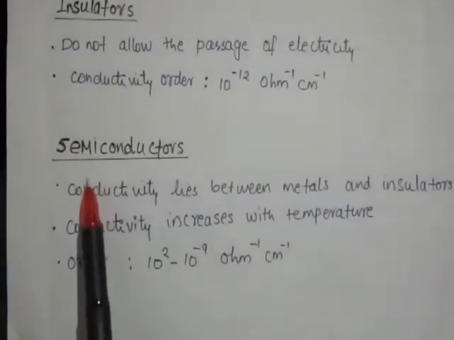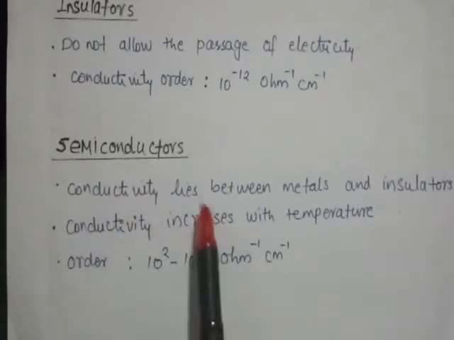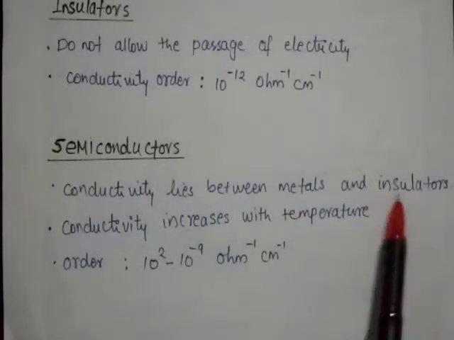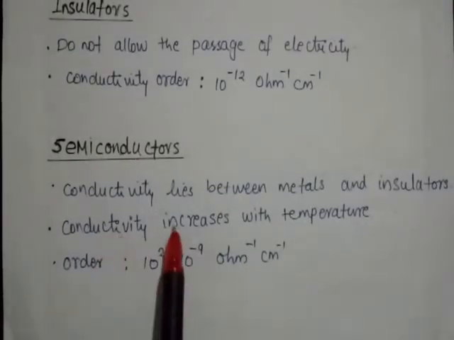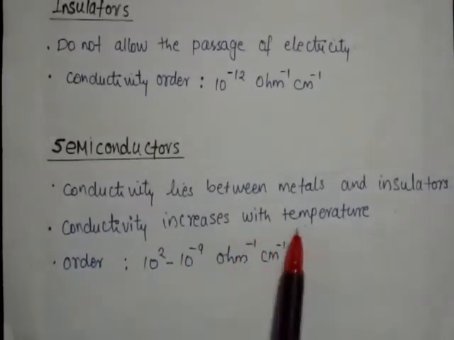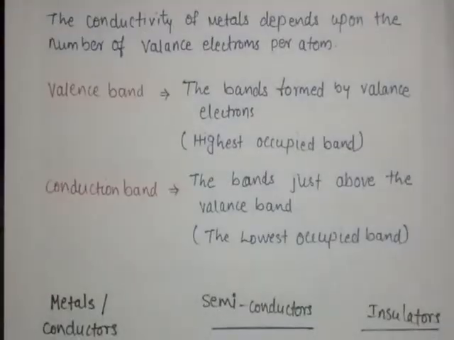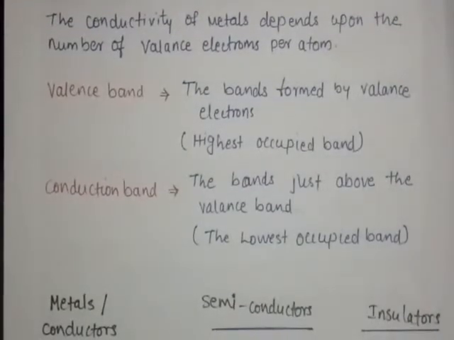Semiconductors have conductivity between metals and insulators. Their conductivity increases with temperature and the order is 10 raised to 2 to 10 raised to minus 9 ohm inverse centimeter inverse. Now I am going to discuss the theory of how different metals have different conductivity.